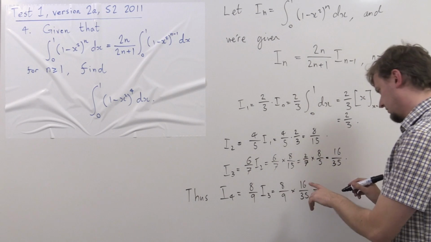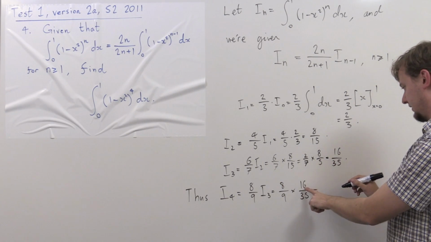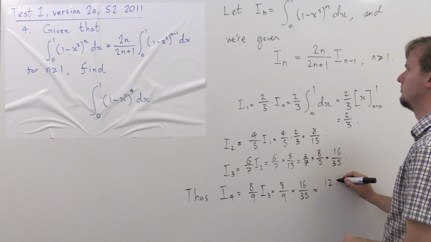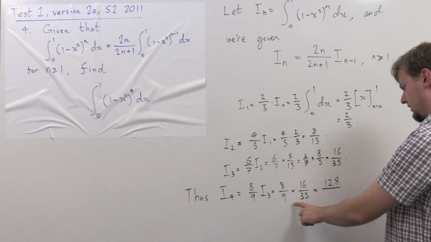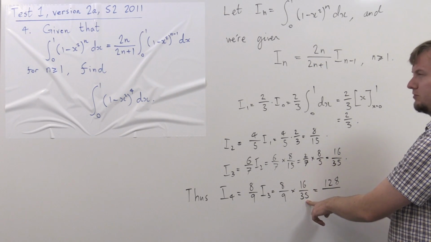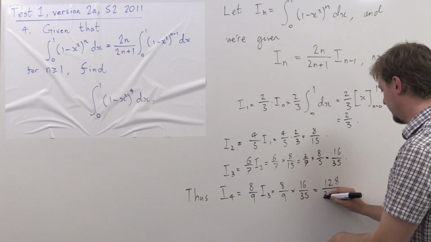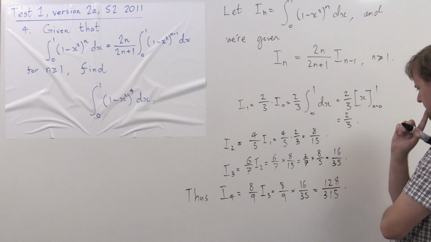I don't see any cancellation, so if I double 16 three times, so multiply by 8, I get 32, 64, 128, I think. Yeah, 128. And for 9 times 35, that's almost 10 times 35. I'm just 35 short of 350. I get 315. And that's my answer.